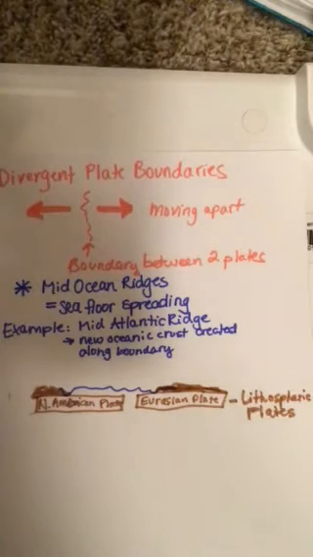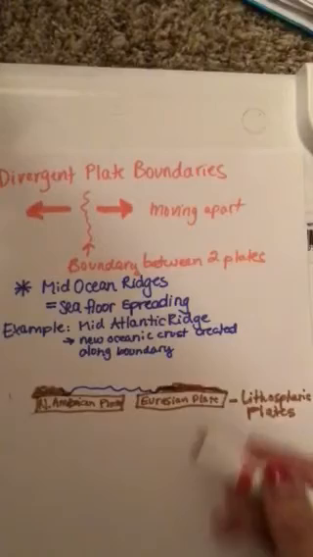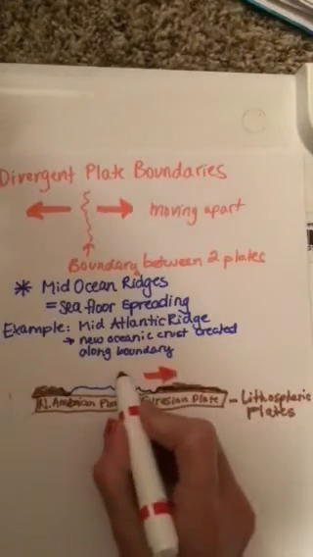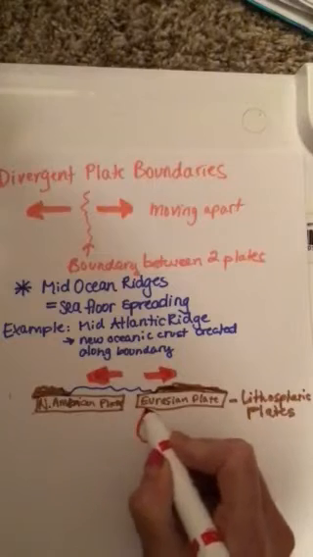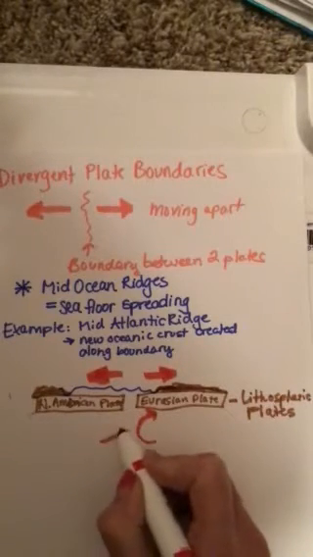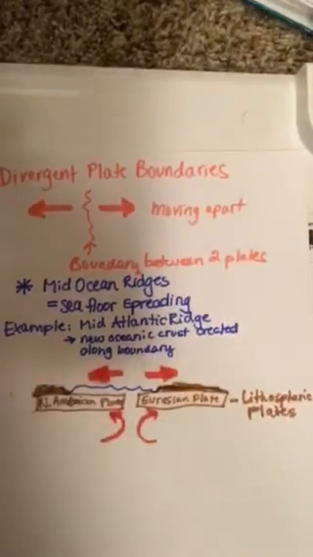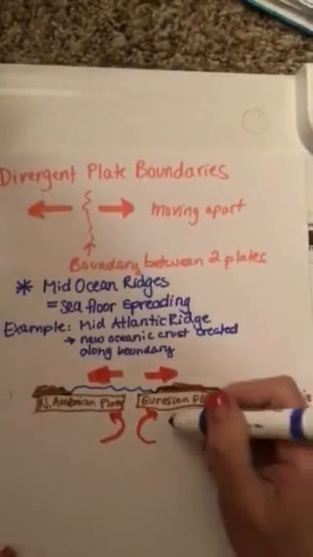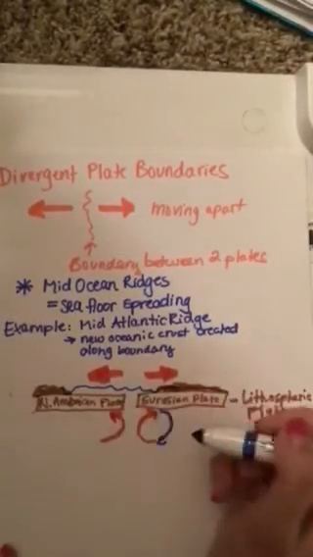Well, remember that warm rises because it's less dense, and cool sinks. So right along here, and we know this because these two are moving apart, we know that the convection currents must look something like this. So warm is rising here along the boundary in the asthenosphere, and cool ooey gooey magma is sinking. As it cools, when it hits the lithosphere, it sinks again, right?